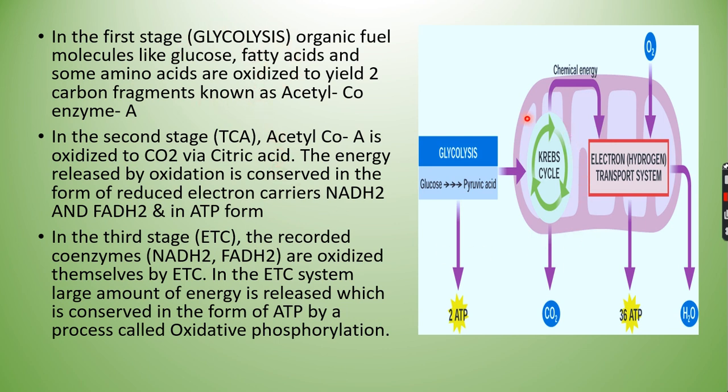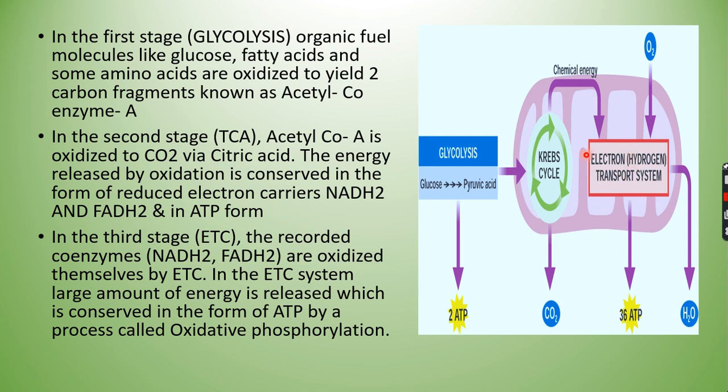In the second stage, the TCA cycle or tricarboxylic acid cycle, the acetyl CoA is oxidized to carbon dioxide via the citric acid cycle, and the energy released by the oxidation is conserved in the form of reduced electron carriers called NADH2 and FADH2, and also in the form of ATP.